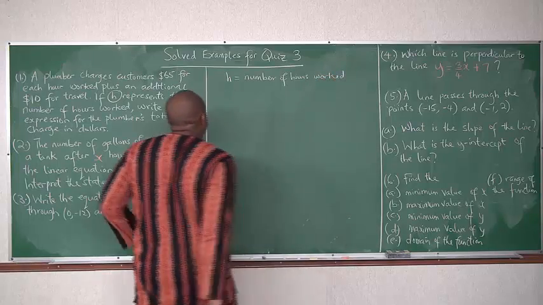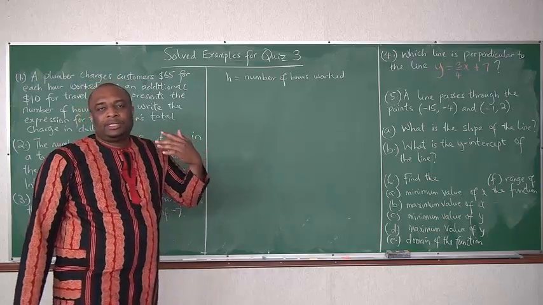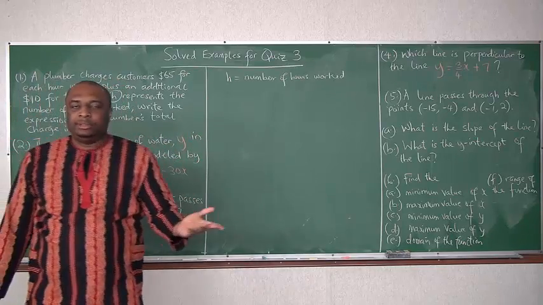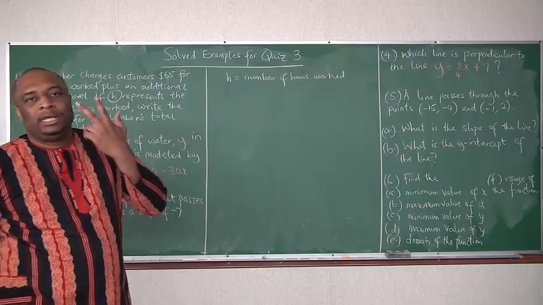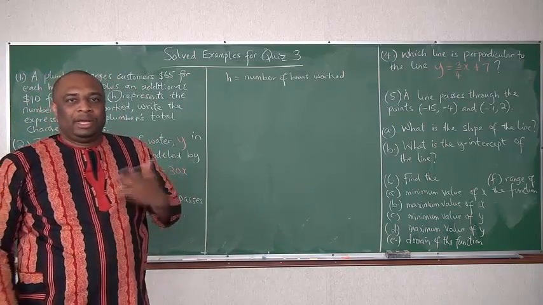Now he charges $65 per hour. So if he works 1 hour, it's going to be 65 times 1, which is $65. If he works 2 hours, it will be 65 times 2, which is $130.